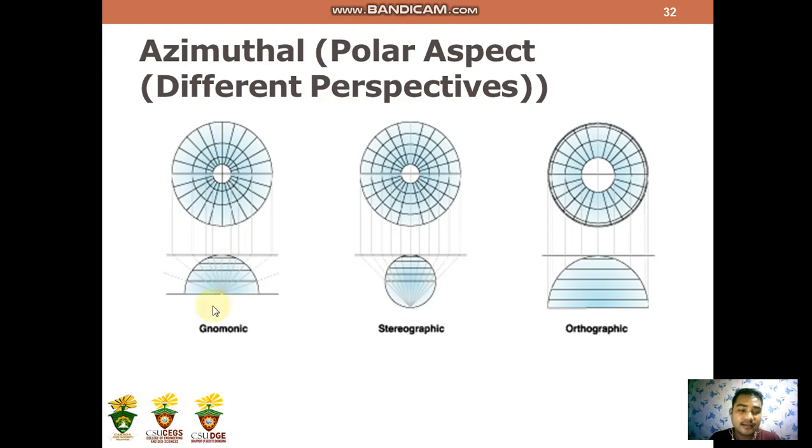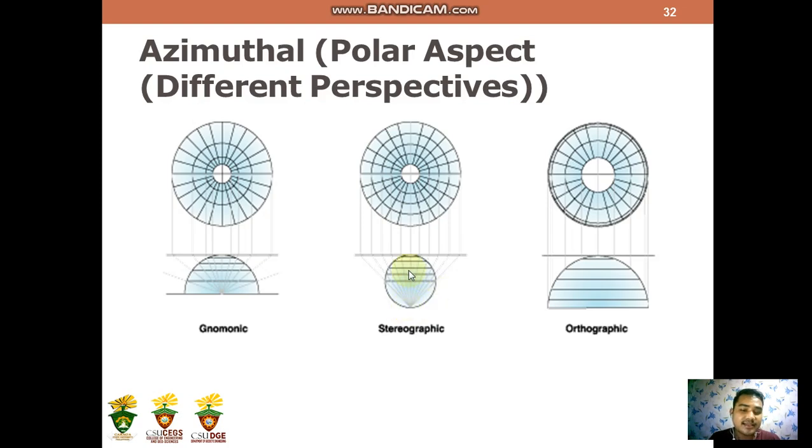In gnomonic, the source of projection is at the center, the center of the globe. The source of projection, for example a light, projects it point by point until the map is formed. And for stereographic, the source of projection is from the other side. If this is your plane at the pole, the source of projection is on the opposite side.